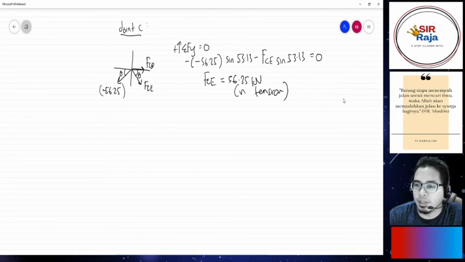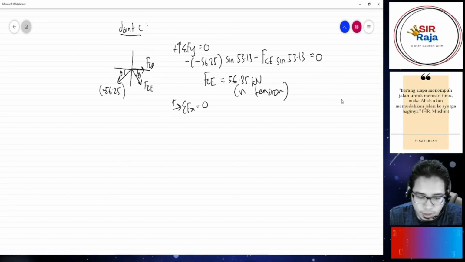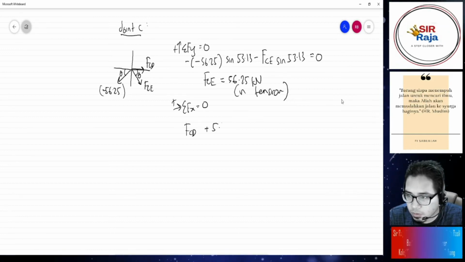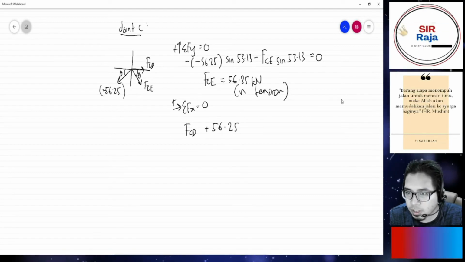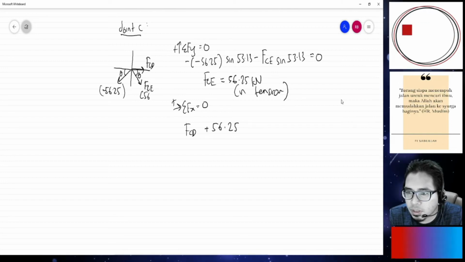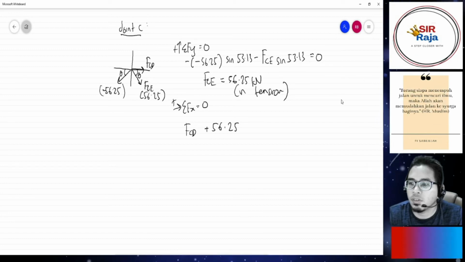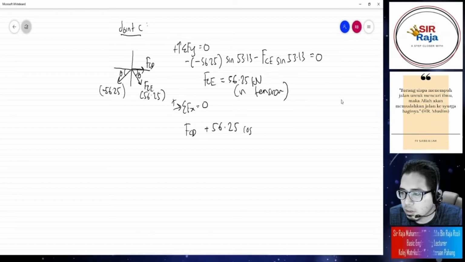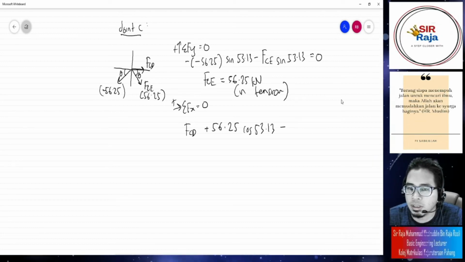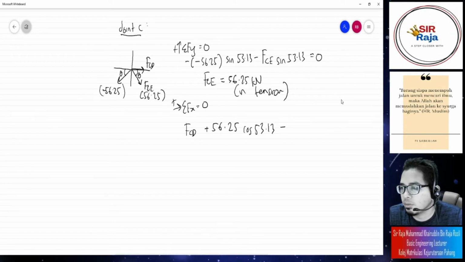Okay. Now next we're going to use total Fx equal to 0. We have FCD in the right direction plus the x component of 56.25. Where does this one come from? We got the 56.25 from here. So this is 56.25 cos 53.13, and minus because this is going to the left direction, and also minus because the value is negative.